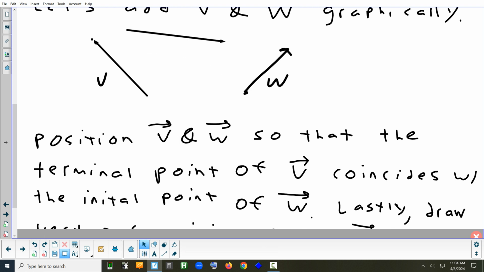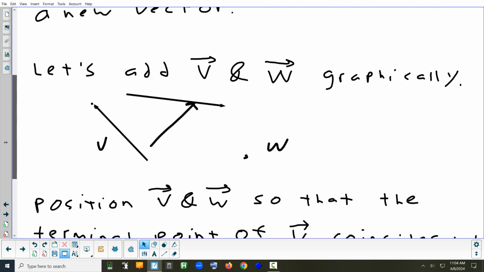So just like that. So the end of one lines up with the beginning of the other.